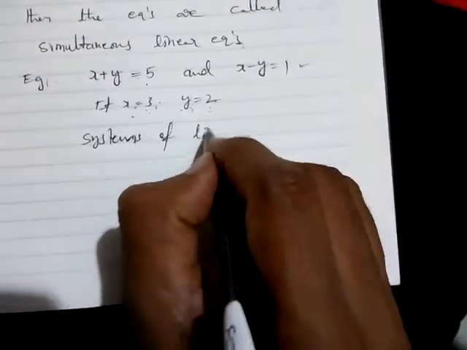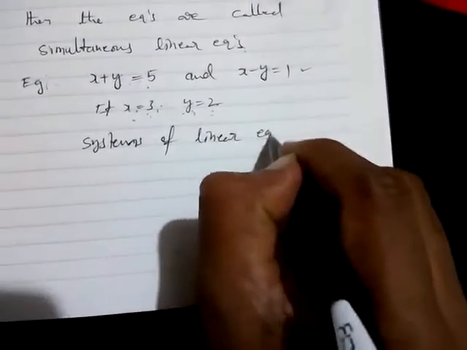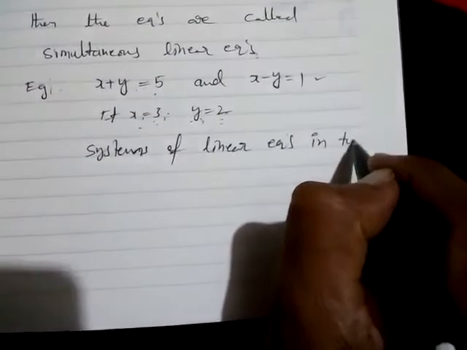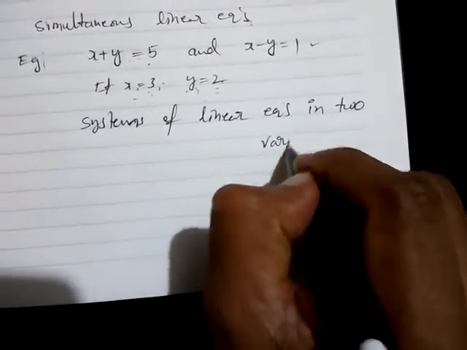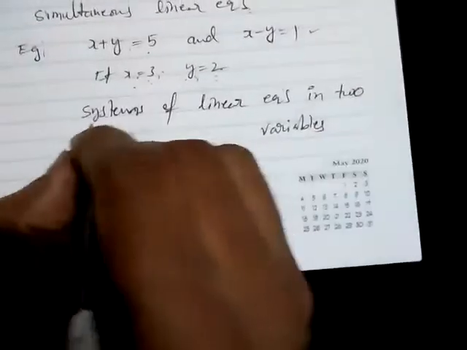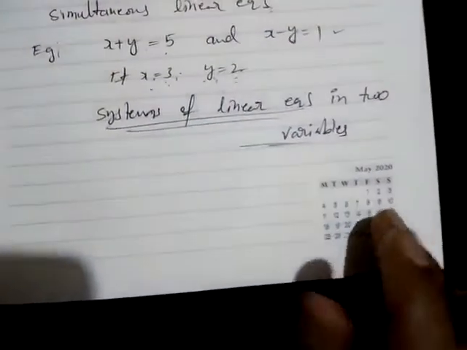Systems of linear equations in two variables.